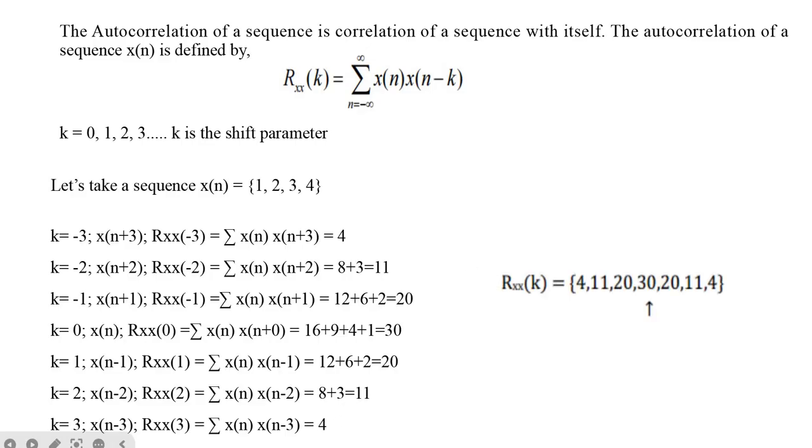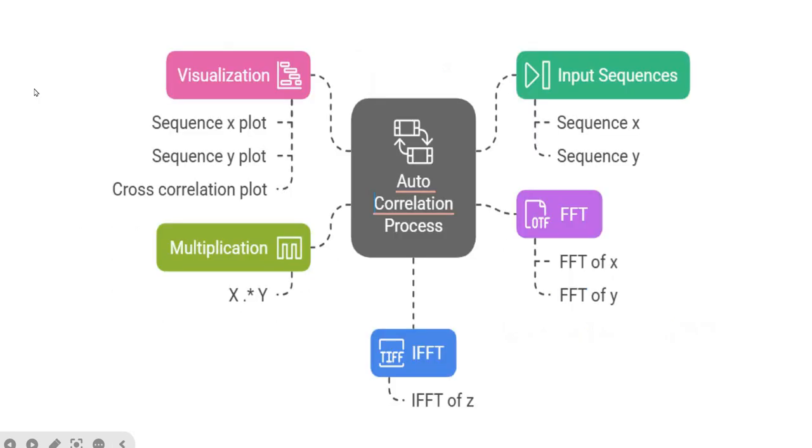Now here, this is nothing but the autocorrelated sequence. These are the same values which you have got, and this is nothing but the value for the lag. So here this is just a visualization of the program what you have done.